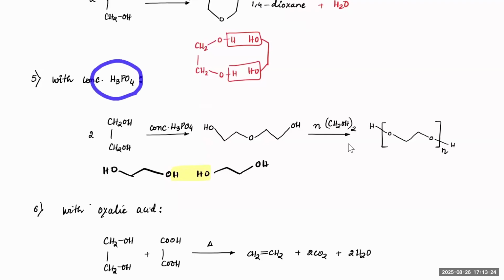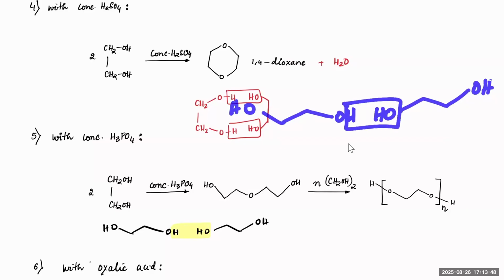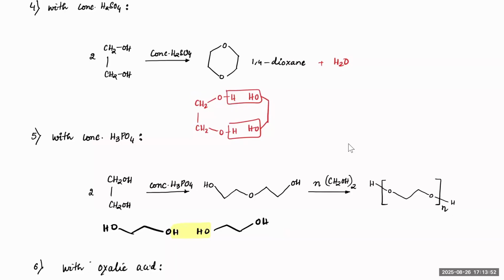If I use concentrated H3PO4, usually concentrated H3PO4 is a polymeric form. So the dehydration will also happen in a polymeric form like this. If you have an OH here and OH here, the next molecule's OH here and OH here, then the dehydration will happen here, here, here, and so on. Correct? So what happens? A chain will form.